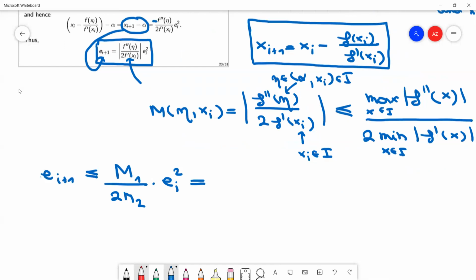And then we write m1 over 2 m2 times, and then we take one E_i separately, and one E_i we leave here.